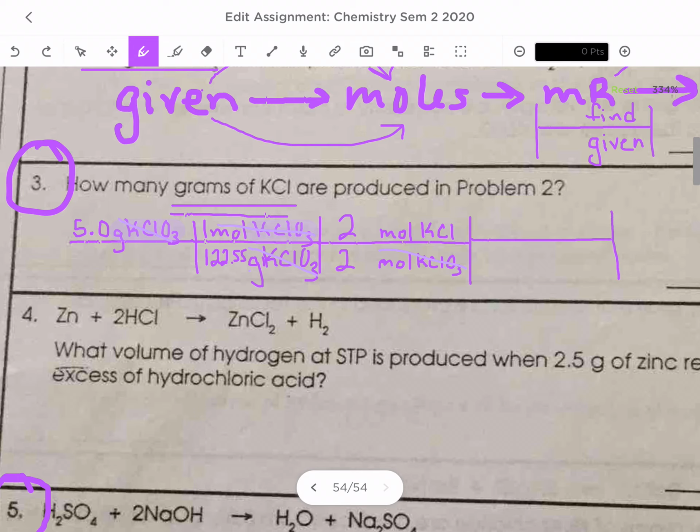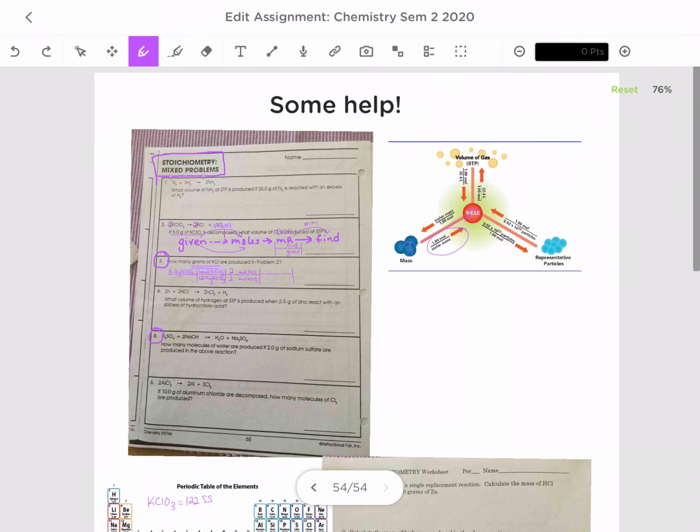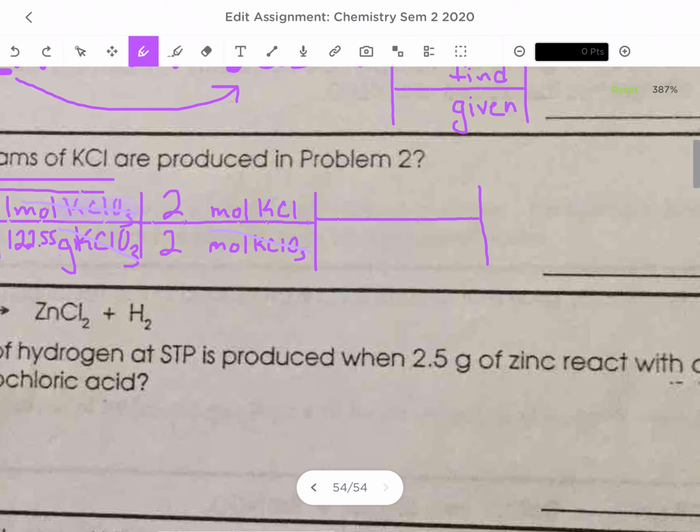So now I can convert to grams. I look over here at my mole map, and now I need to use this conversion because I'm going back to gram city. So molar mass over 1 mole. So 1 mole of KCl.